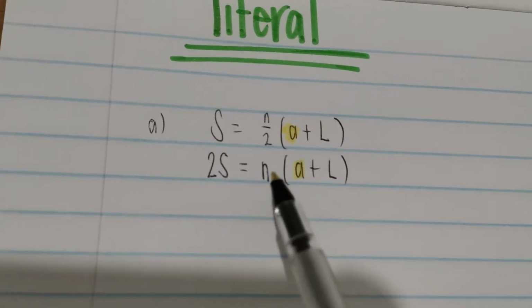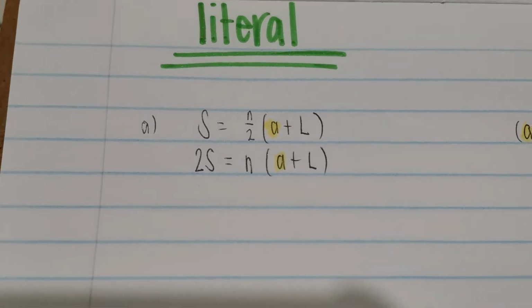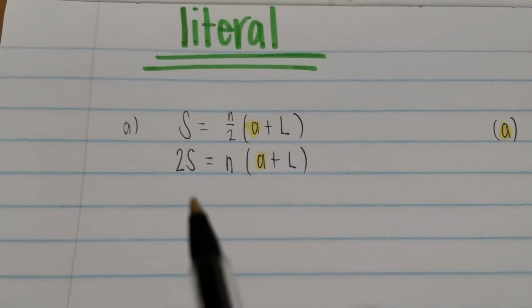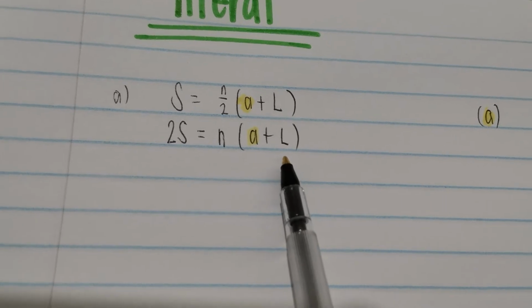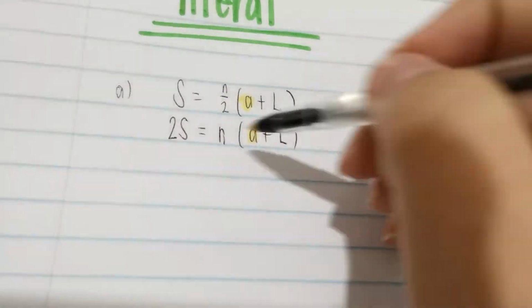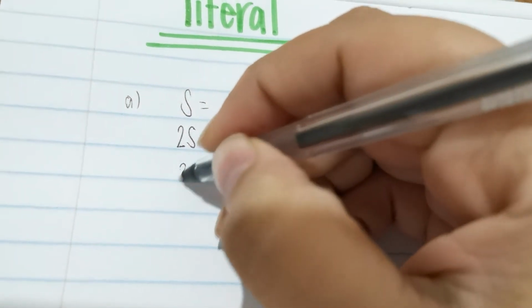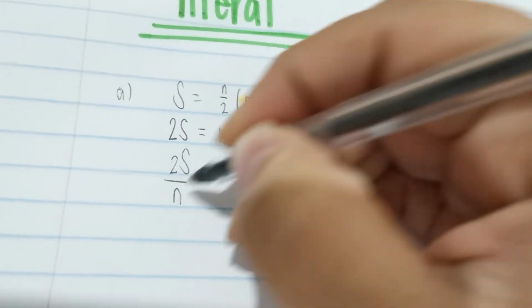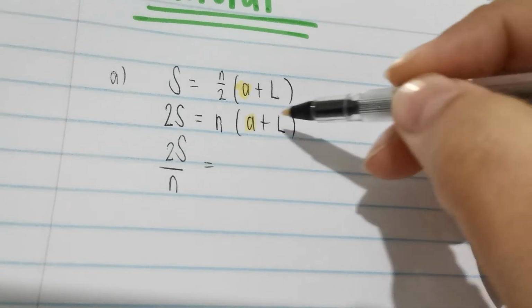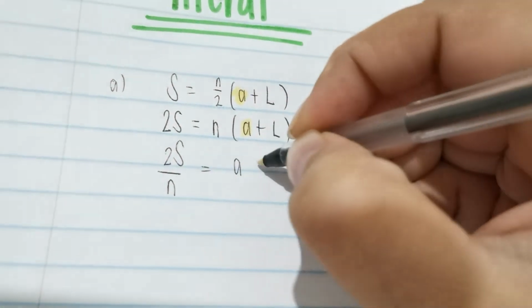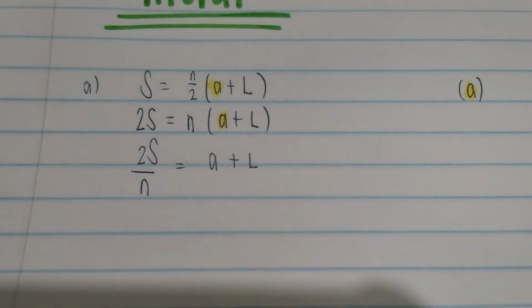Let's continue. This here has an n in front of it that we want to get rid of. And its relation to this a is it's multiplied by it. So the opposite of it multiplied would be divide. That means both sides are getting divided by it. So I got 2s divided by n is equal to, you agree with me that there's nothing around the bracket anymore, so we can just get rid of it, a plus l.